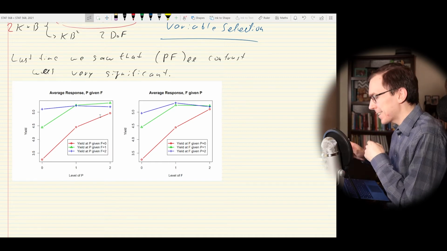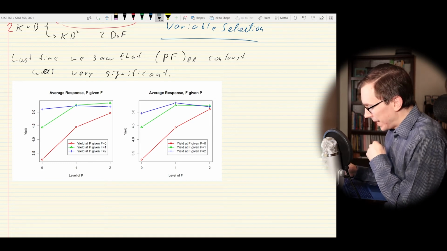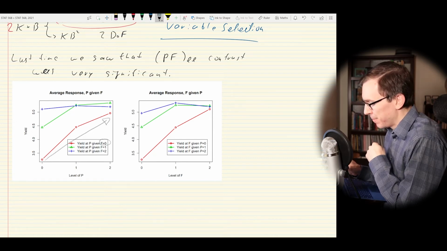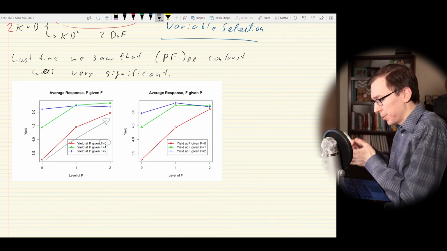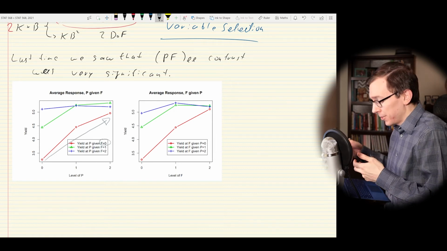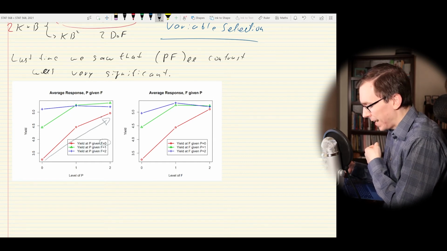And that's actually what we see here. When F, for example, is set equal to 0, we see a strong increase in the yield for factor P. As we go from none to a small amount to a large amount, the yield, or the output of our sugarcane crop, grows drastically from, I forget what the units are, but under 3.5 to over 4.5.